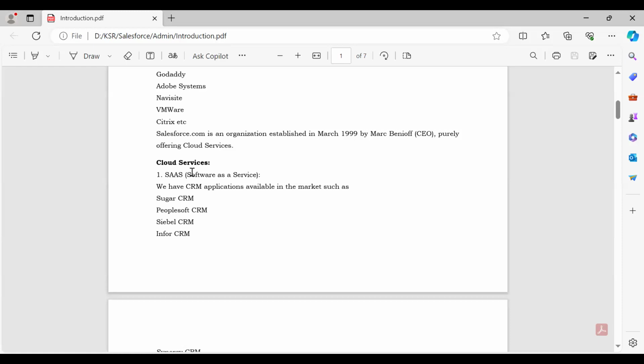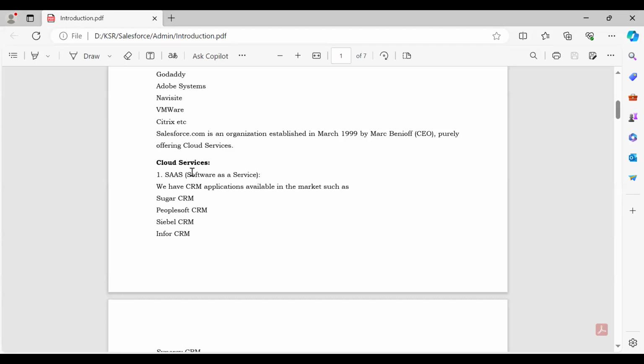So as part of software as a service, Salesforce is also providing a ready-made software or CRM application to their customers. Okay, so as part of this cloud computing model, Salesforce is providing a ready-made CRM application to their customers.